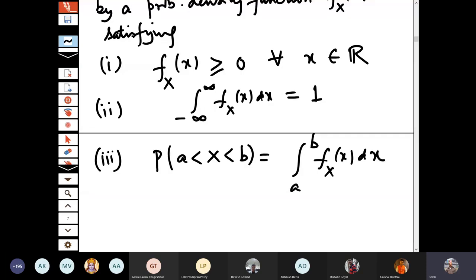So for example, what is the probability that a person will live between 60 to 70 years of age? What is the probability that say life of a bulb is between 30 to 40 hours? So it is like that. We can find the probability of interval.